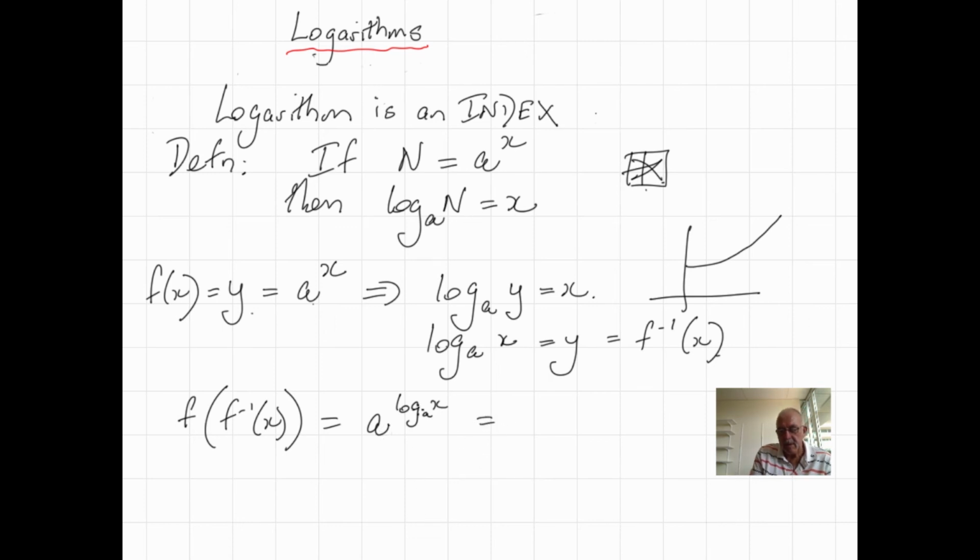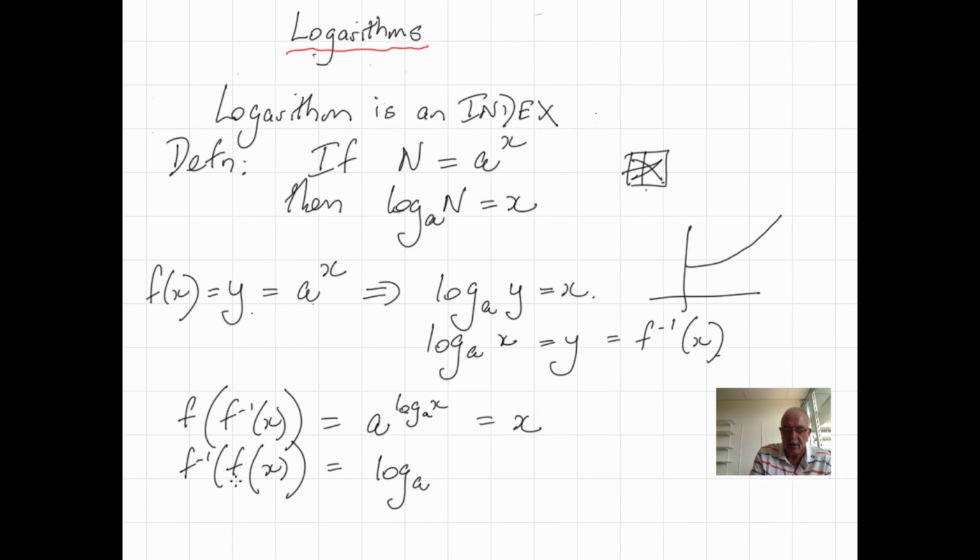Now this is the power you must raise a to to get the number x. If you raise a to that power, you're just going to get the number x. Now let's take f to the minus 1 of f of x. So the inverse function looks like that, log to base a of x.